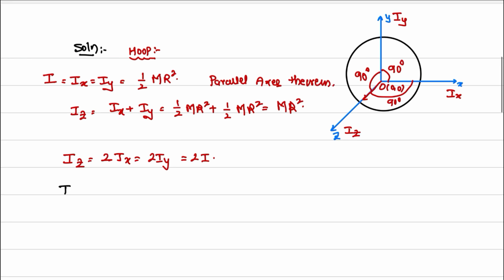Ix is equal to Iy is equal to I, we can refer to it as the moment of inertia for the plane against tipping, because moment of inertia is nothing but a resistive parameter.